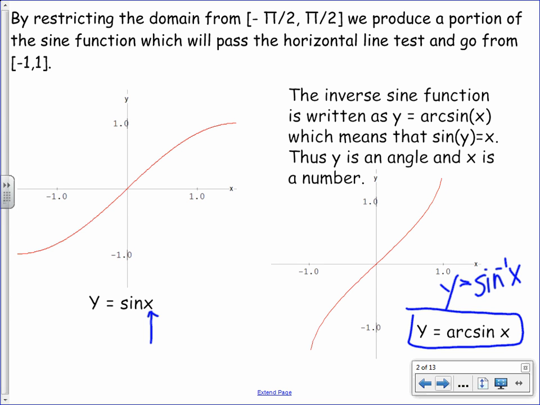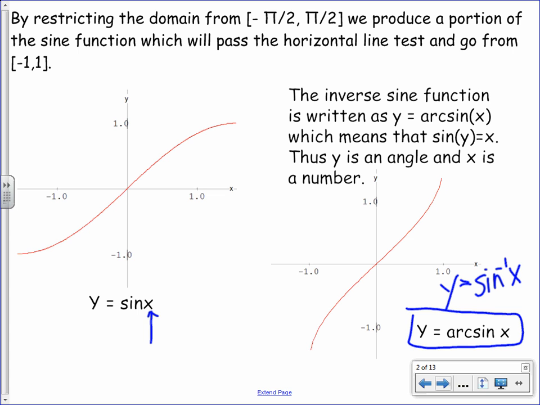Our domains and ranges switch. So here our domain is -1 to 1, and now our range is negative pi over 2 to pi over 2.